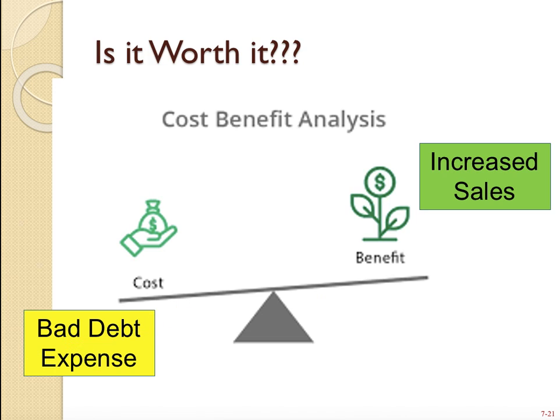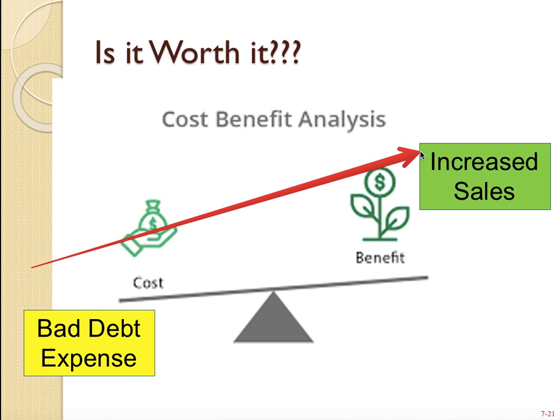So knowing that sometimes customers don't pay, you got to wonder, well, is it even worth it then to allow customers to buy on credit? Well, here's the thing, guys. Companies do what we call a cost-benefit analysis, where they weigh the cost of this risk that customers might not pay, right? That risk is your bad debt expense against the benefit. And the benefit is those increased sales.